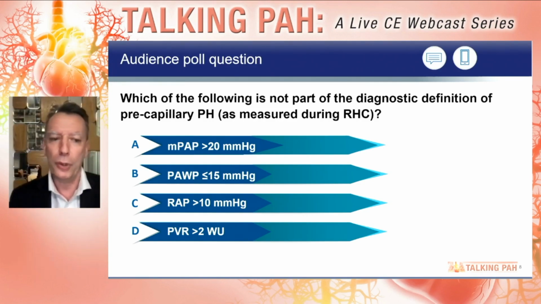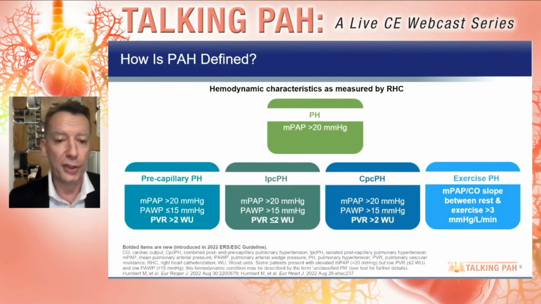Most of you consider that what is not part of the diagnostic definition is indeed a right atrial pressure above 10 millimeter of mercury. Indeed, in the definition of PAH, we have not consider right atrial pressure, which is more a marker of severity, hemodynamic severity of the disease. So let me develop a little bit on that.